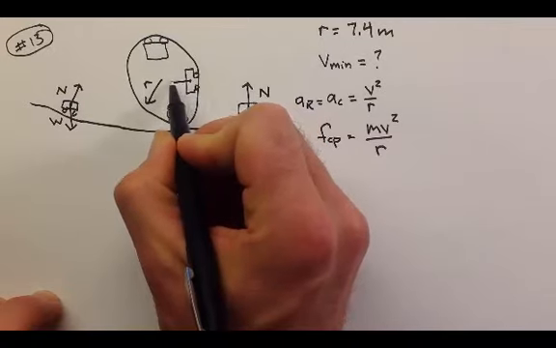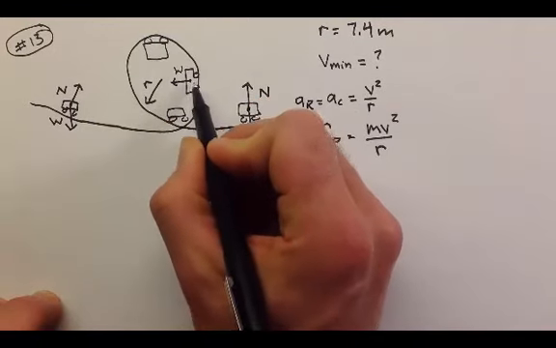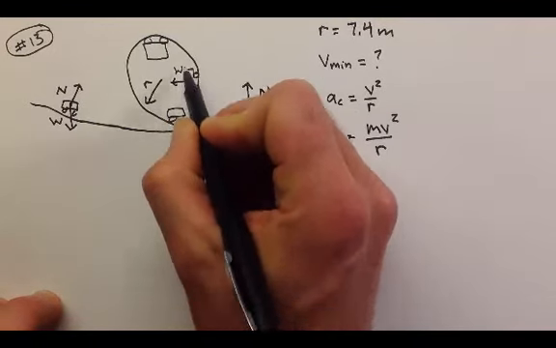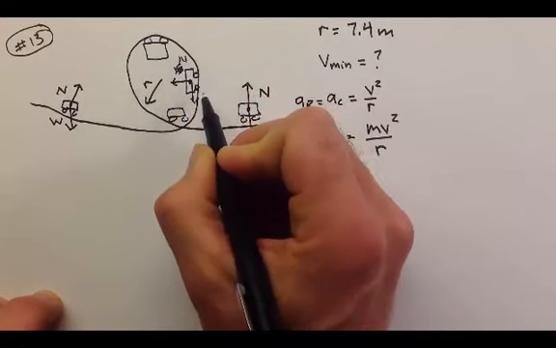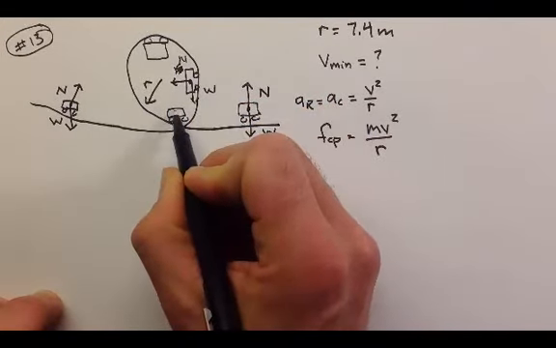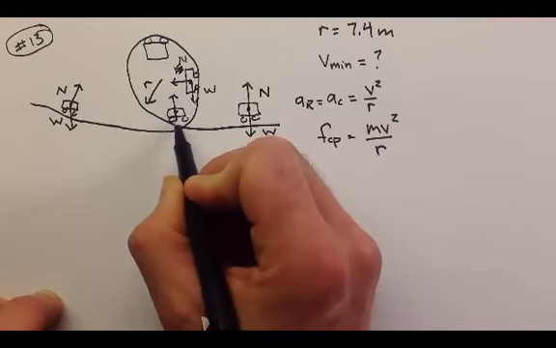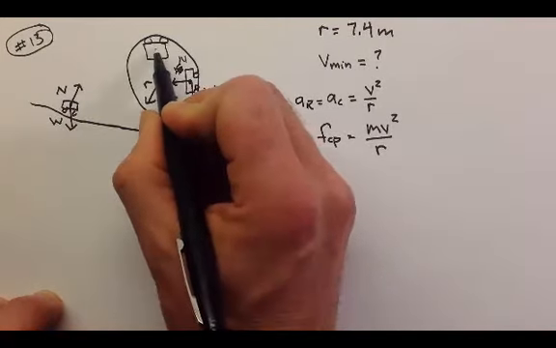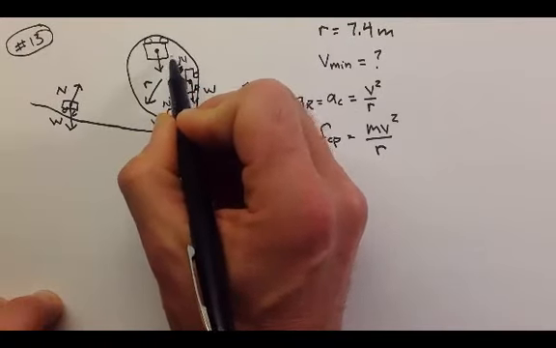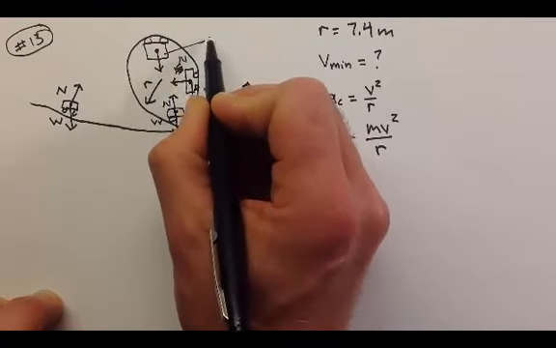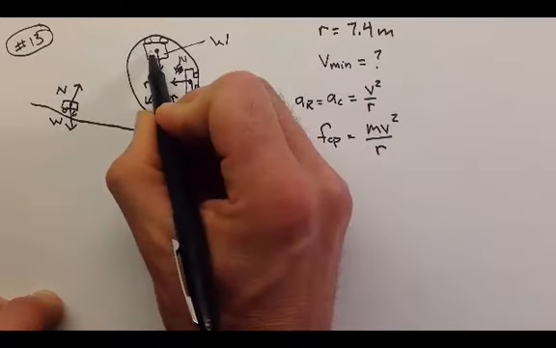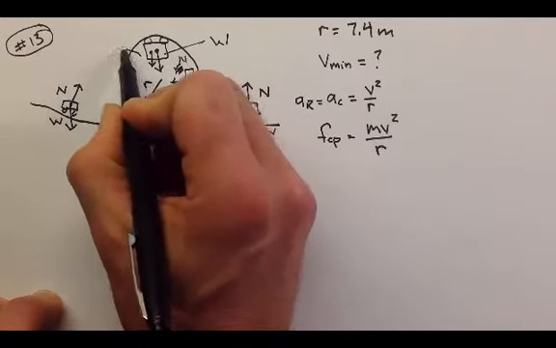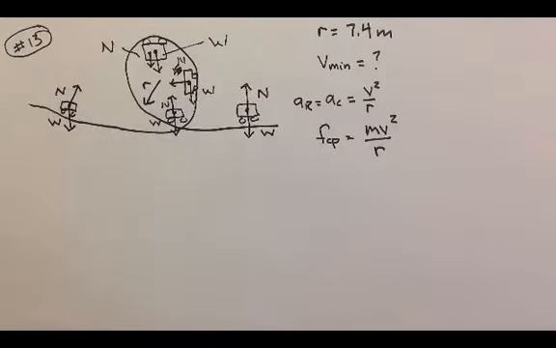And the normal force, remember, is always perpendicular, and the weight, pardon me, that should be an N, and the weight is straight down, okay? So this here is my weight, and of course my normal force here would look like this, all right?